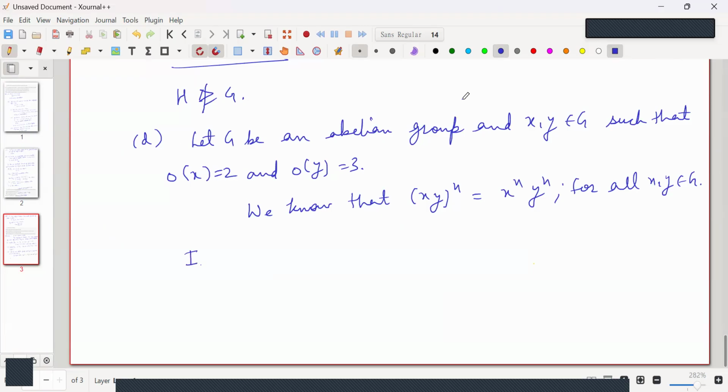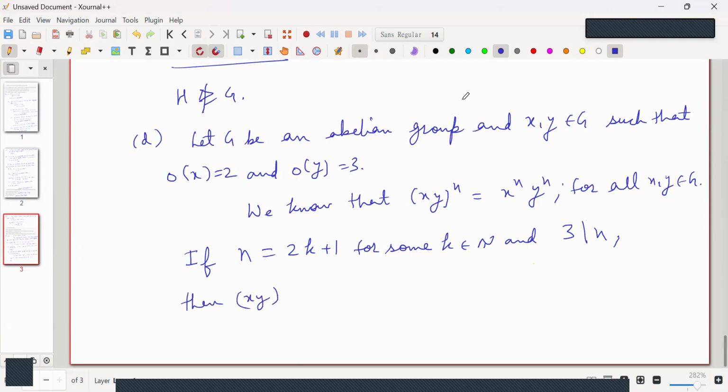Now, if n is of the form 2k plus 1 for some k, and 3 divides n, meaning n is divisible by 3 but it is not divisible by 2, then what will happen?